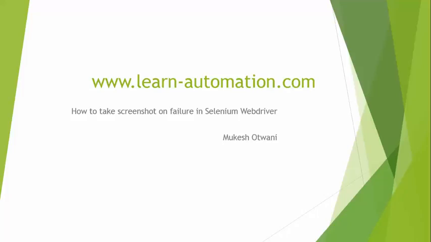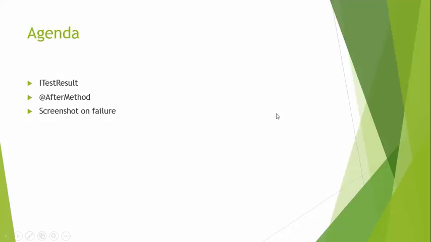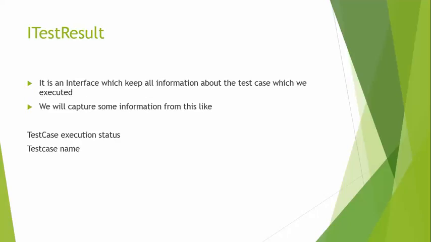Before moving to the actual scenario, let's discuss some things which you may not be aware of. We will talk about ITestResult first, and then the @AfterMethod annotation. Finally, we will talk about how to capture a screenshot on failure. Just before moving to this actual tutorial, let me tell you it's a very important and frequently asked question in interviews as well.